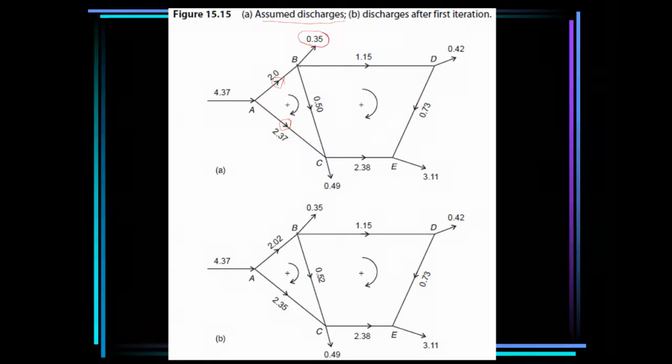0.35 is already provided from the question. So out of these 2, 0.35 leaves. Let me get my calculator. So now 2 minus 0.35, you have 1.65. Part of it will go to pipe BD and part will go to pipe BC.